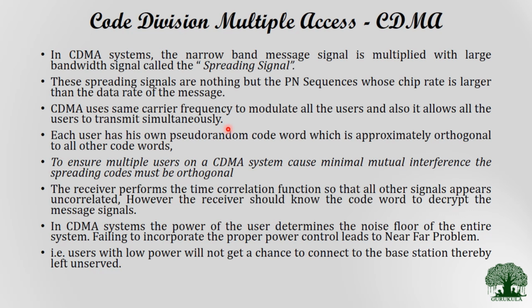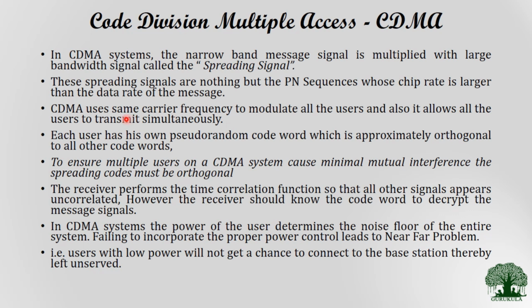We also know from the formal representation of the CDMA diagram that there is no restriction for the users on the frequency part as well as the time part. Since each and every user is differentiated by a code, all the users are allowed to transmit their messages simultaneously over the common radio spectrum.